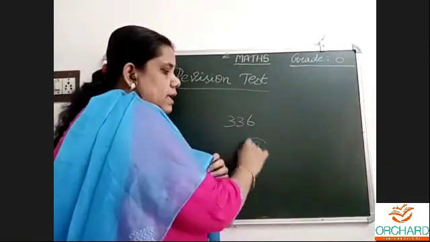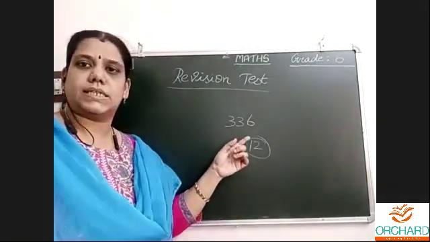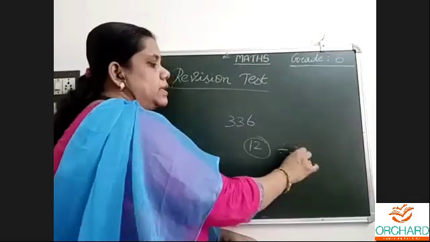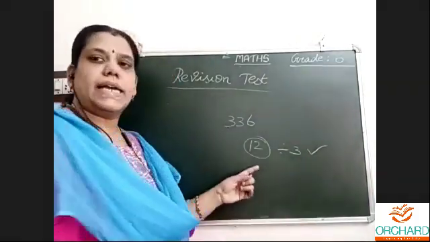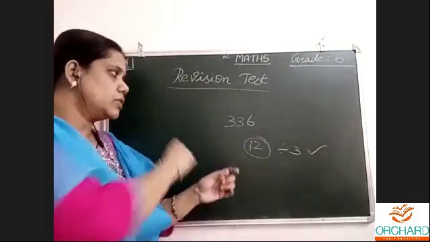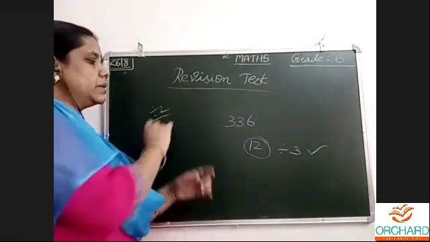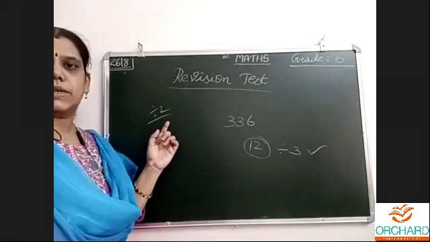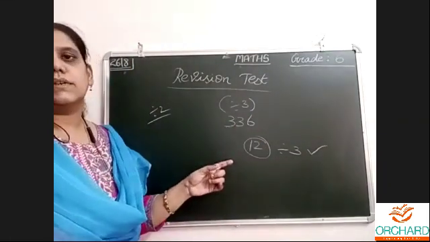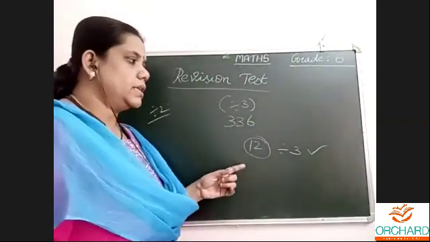We have to see by adding the digits. If the sum of the digits comes in the 3 table, yes. Otherwise, no.